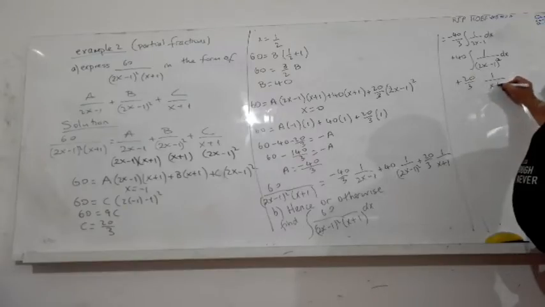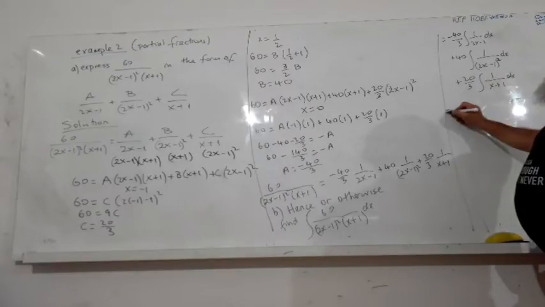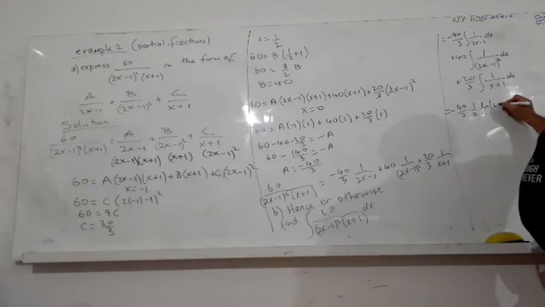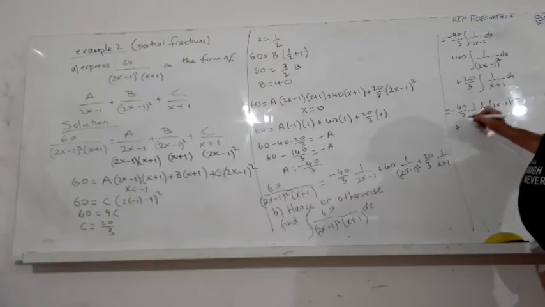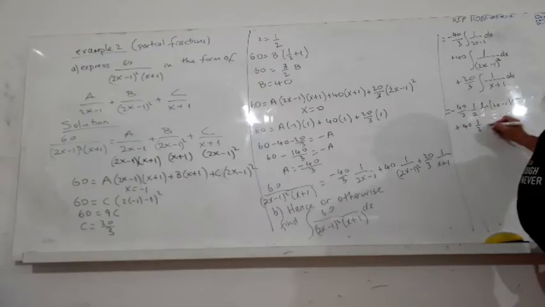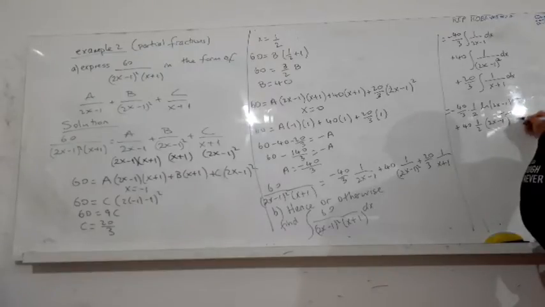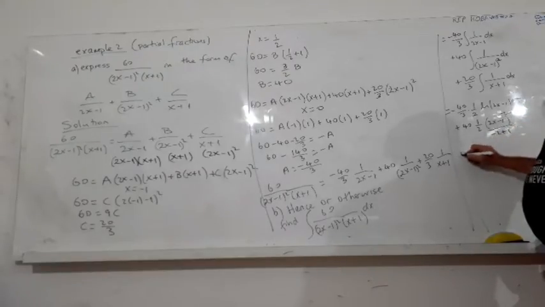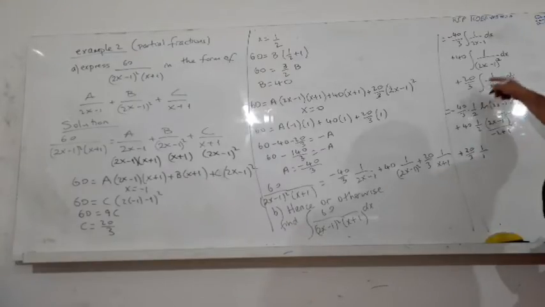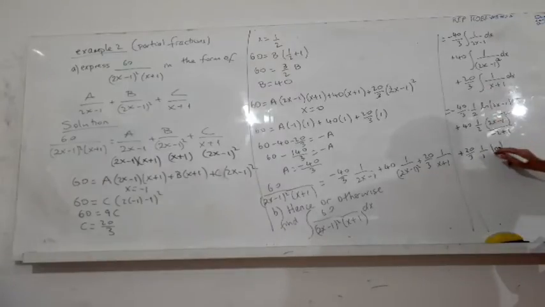And the answer for that one is minus 40 over 3, 1 over 2, and then ln of 2x minus 1, plus 40 times 1 over 2, 2x minus 1 to the power of minus 1 over minus 1, and the last one is going to be 20 over 3, 1 over 1, we have 1 there, ln x plus 1 plus c.